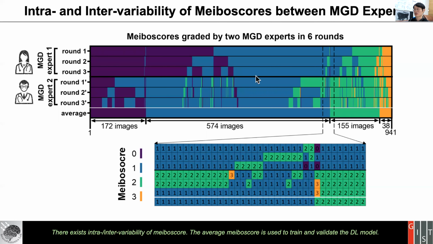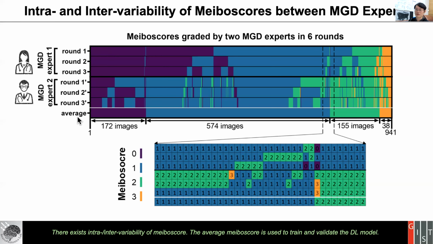Majority of these are consistent, but you can see even within intra experts there are differences, and also between these experts, or inter-variability. For example, in this image, one image shows all 0, 1 to 3, all different kinds of score results. So there exists intra and inter-variability of the person, but machine learning would not suffer from that.